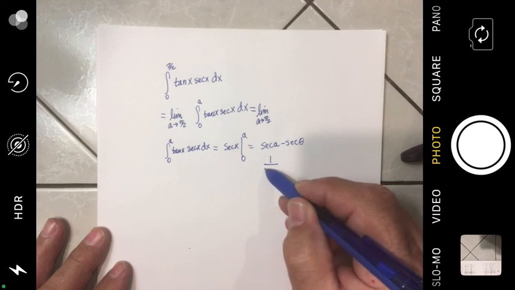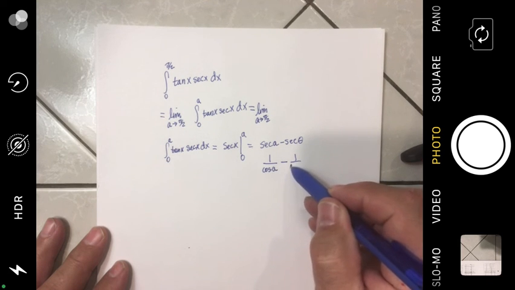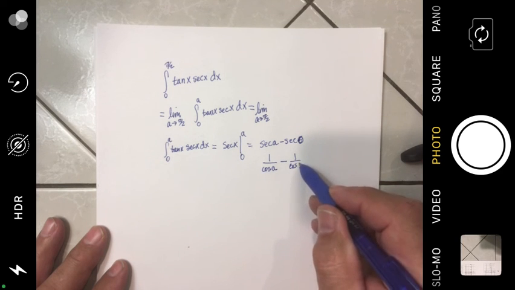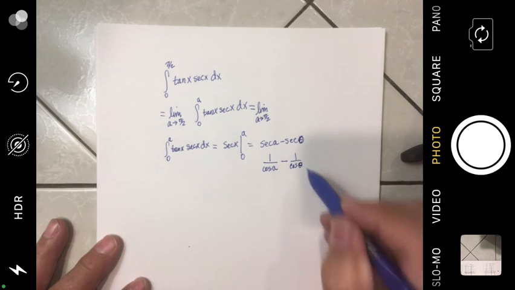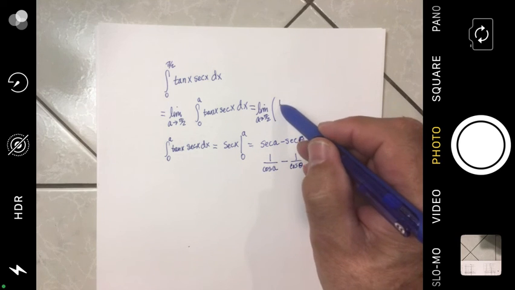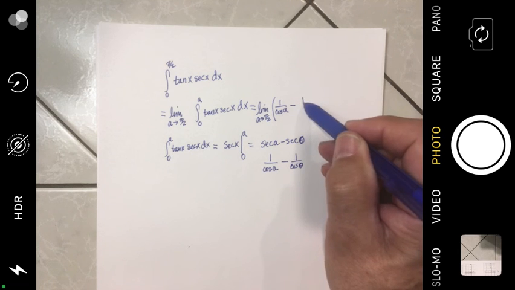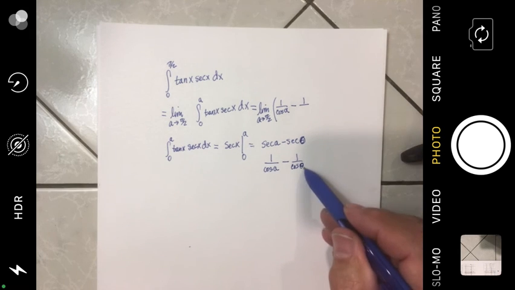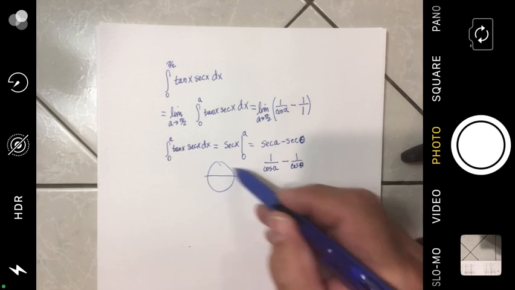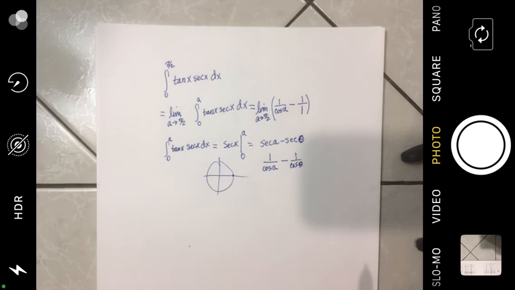So this is 1 over the cosine of a minus 1 over the cosine of 0. If you remember your unit circle, cosine is the x-coordinate. Here it is 1. So this is 1 over 1, or just 1.